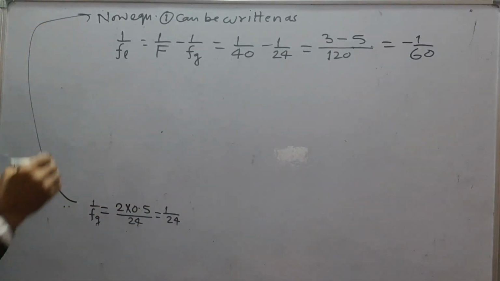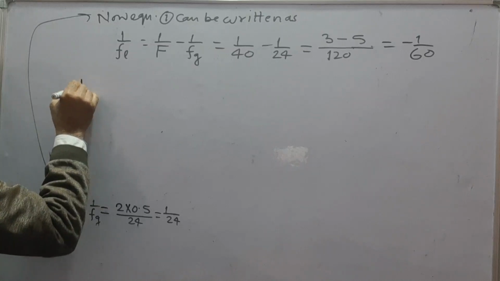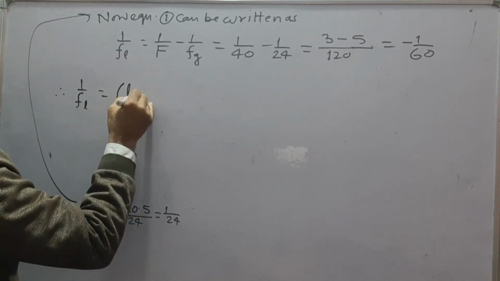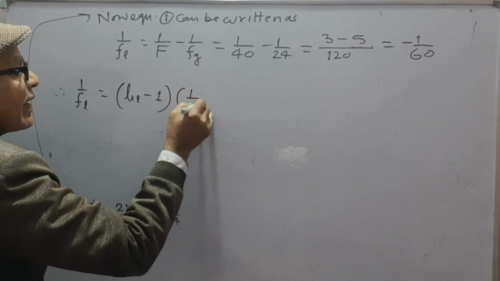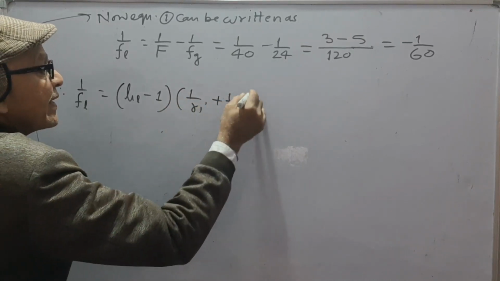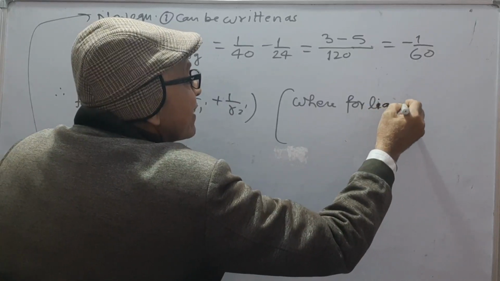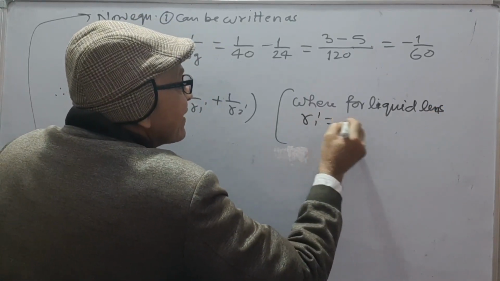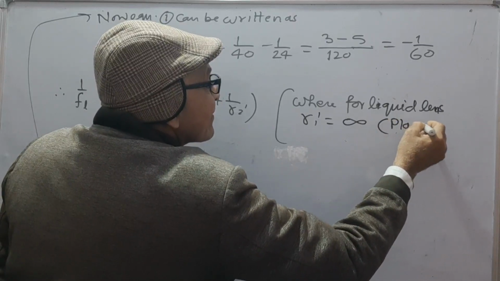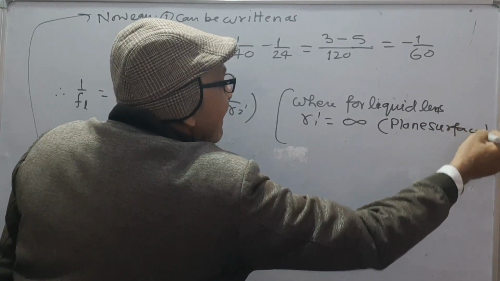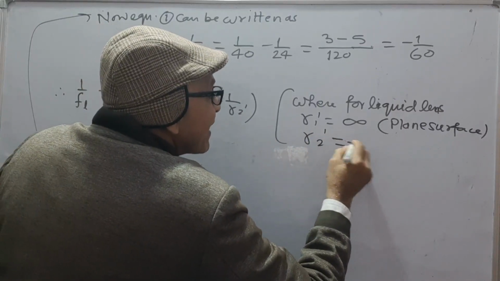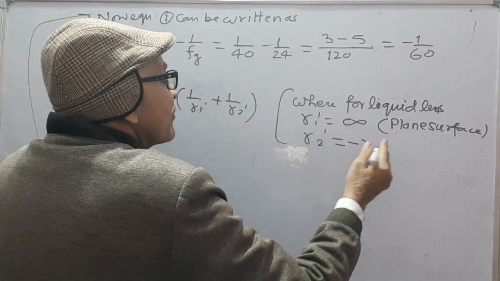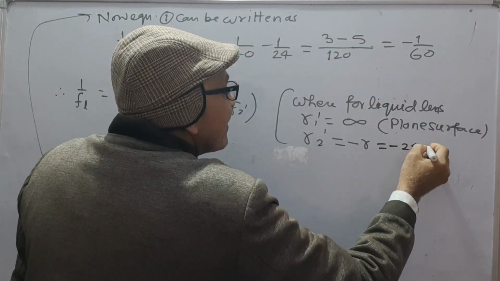Again, from Lensmaker formula for liquid lens, 1 upon F liquid will be equal to mu liquid minus 1 into 1 upon R1 dash plus 1 upon R2 dash, where for liquid lens R1 dash is infinity, plane surface, and R2 dash is equal to minus R, because its value is same as that of glass lens, but it is diverging, minus 24 cm.